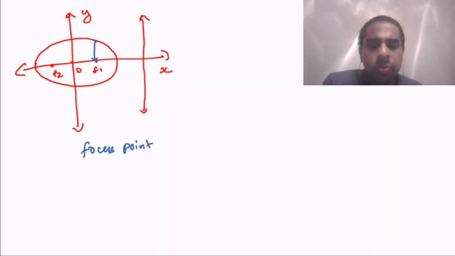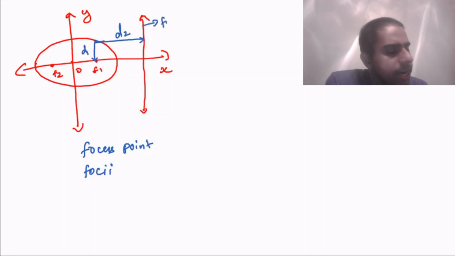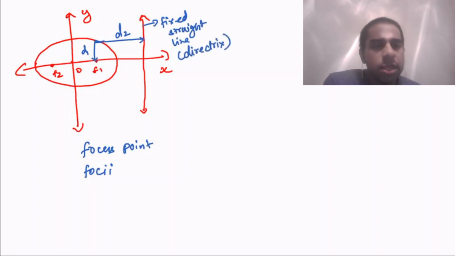There are two focus points on the ellipse and they are called foci together, and let this distance be d2, this distance be d1. This is some fixed straight line called the directrix.